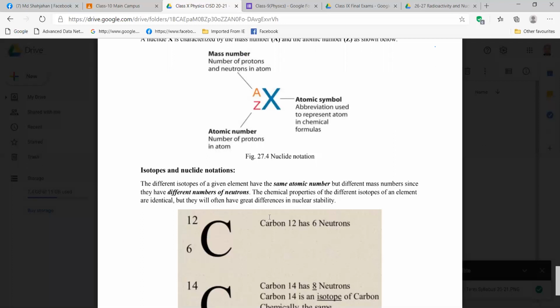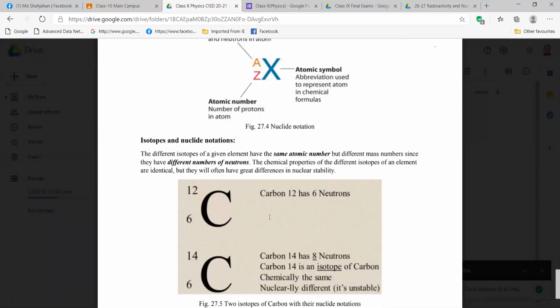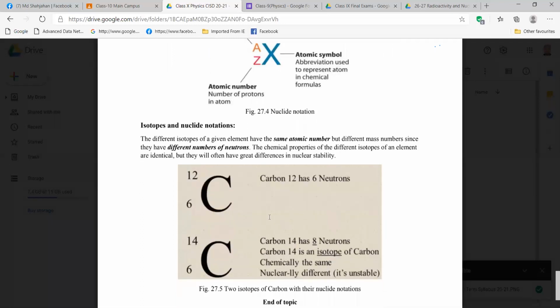Now we are going to isotopes. Ziva told that the number of protons is the same, but the number of neutrons is different. Now we will apply the same idea here. We have 6 protons and nucleon number 14.